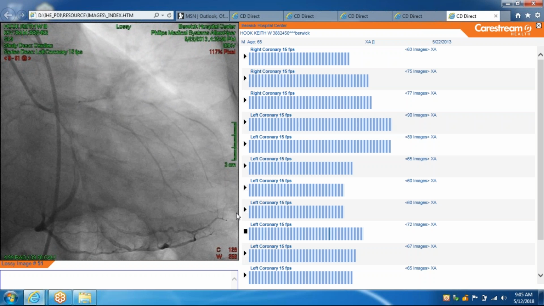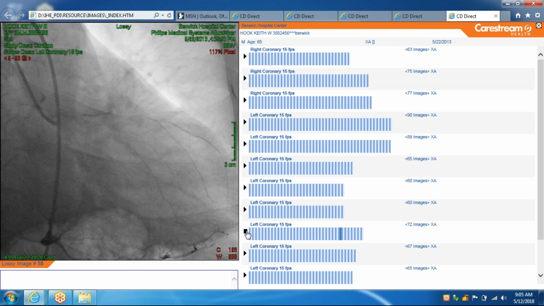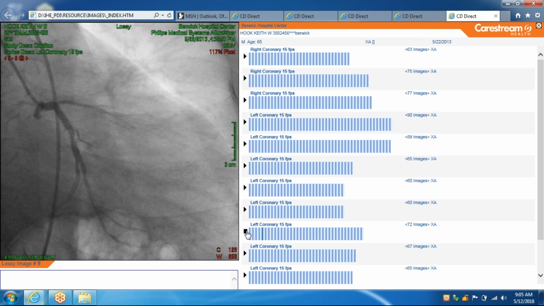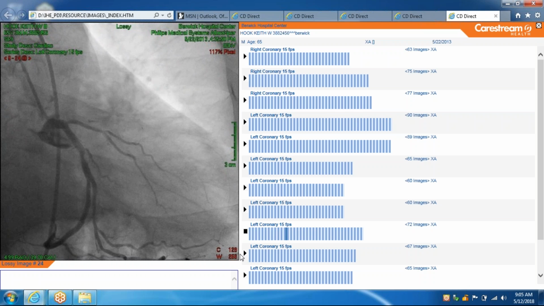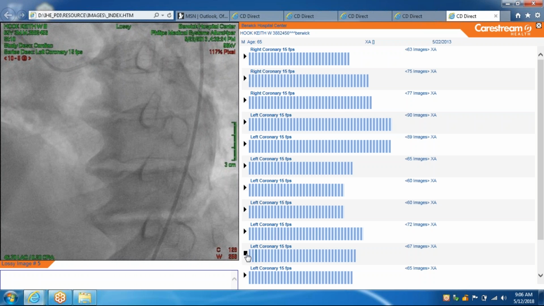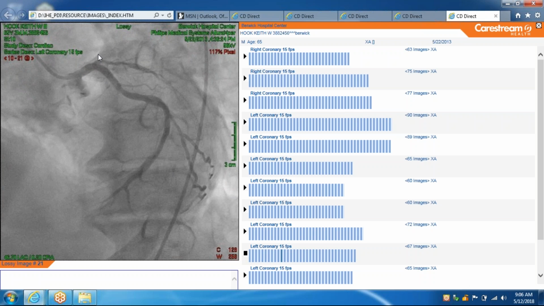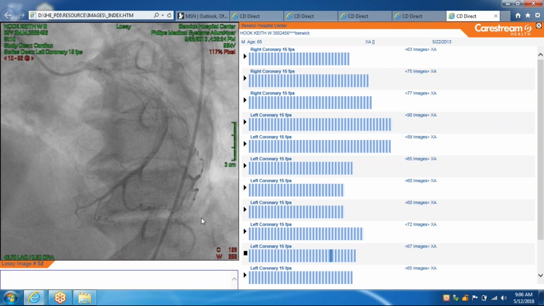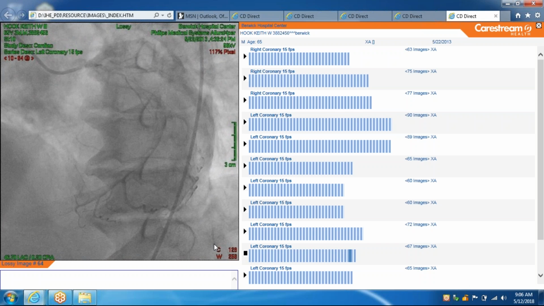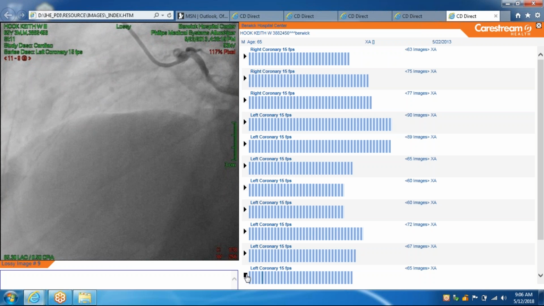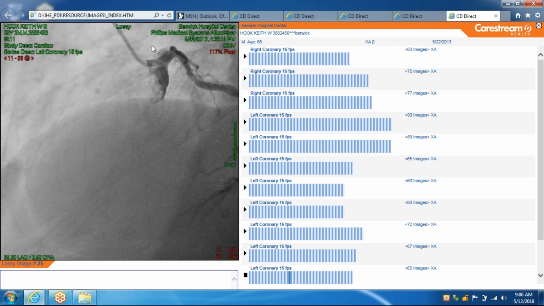You can see the diagonal branch, but you're not seeing the LAD. You can see the circumflex is good, the LAD, we're not seeing that. So this guy has a little bit of stuff in the right, a little bit in the circumflex, but a lot of stuff in the LAD. LAD is completely occluded.